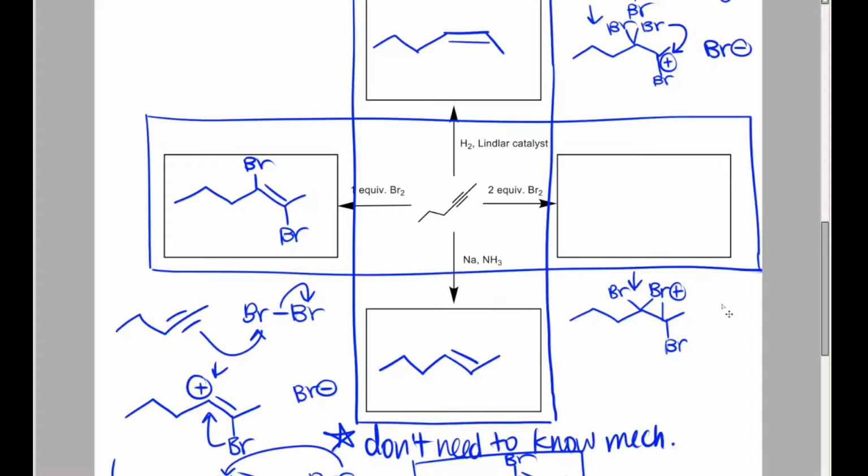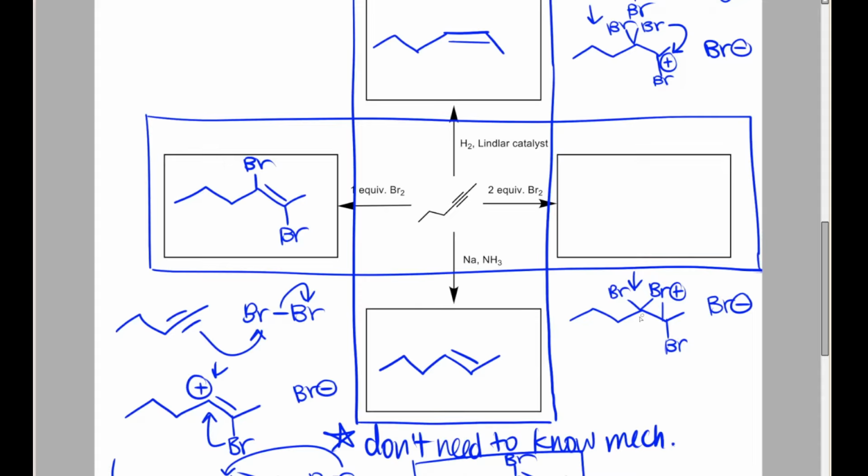And now this Br minus is going to come back into play, and it's going to attack the more substituted carbon because that has a greater partial positive charge. But in this case, once again, all of them are equally substituted because this carbon and this carbon both have two carbons directly next to them. So it doesn't matter which one you attack.